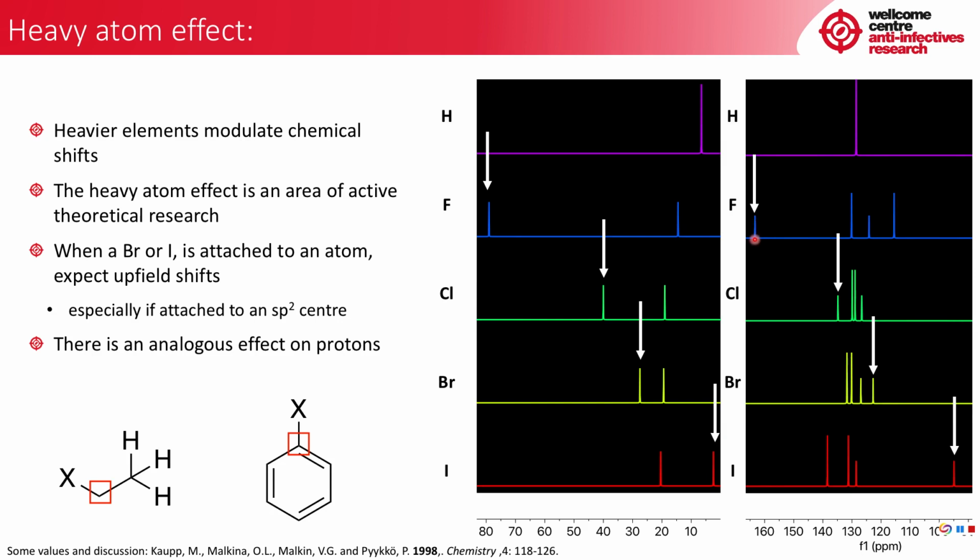It's all the way down at about 160 ppm. And again, the effect of chlorine is relatively smaller, but it's still more electronegative than the hydrogen would otherwise be attached, and so you see it downfield shifted.